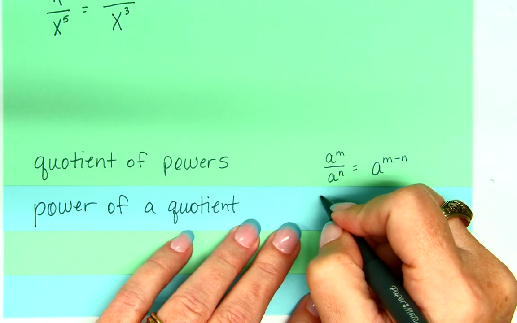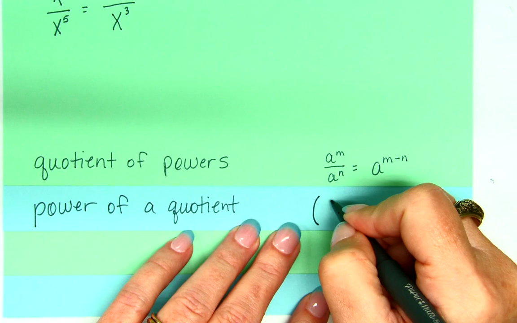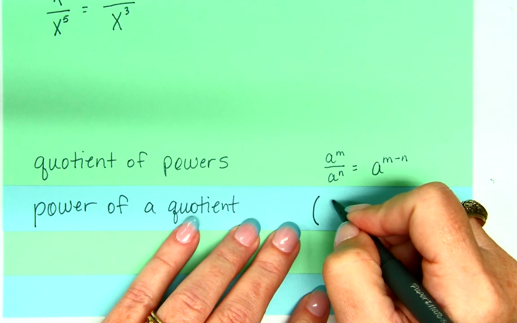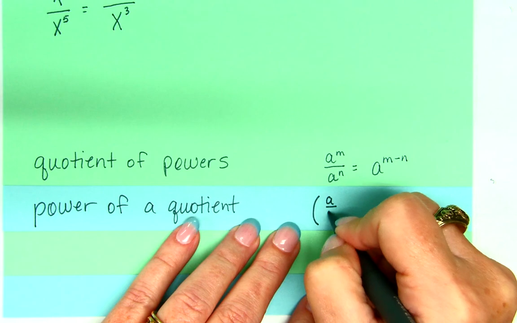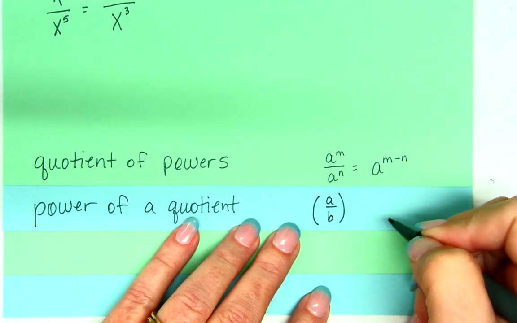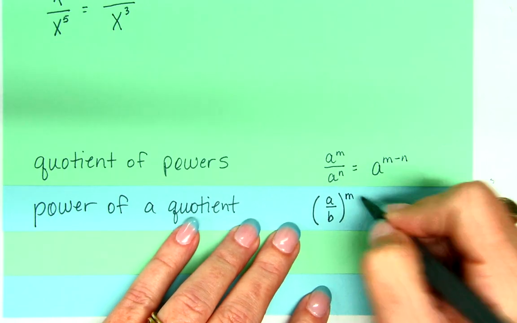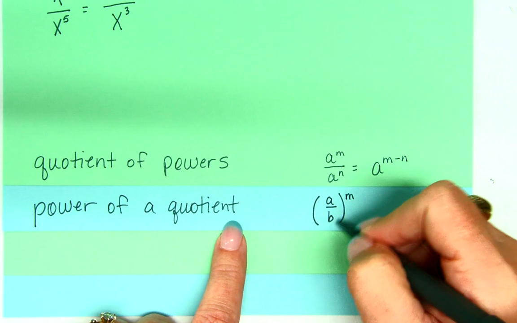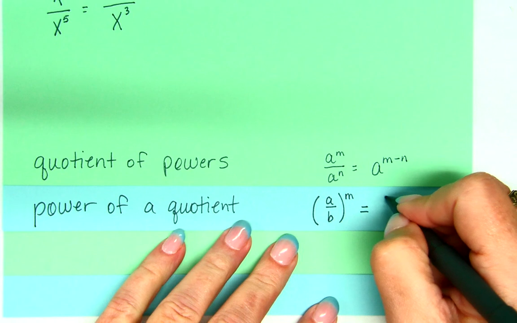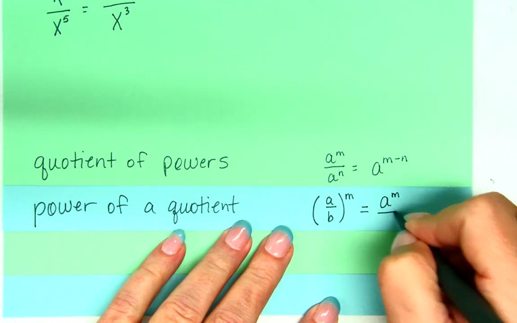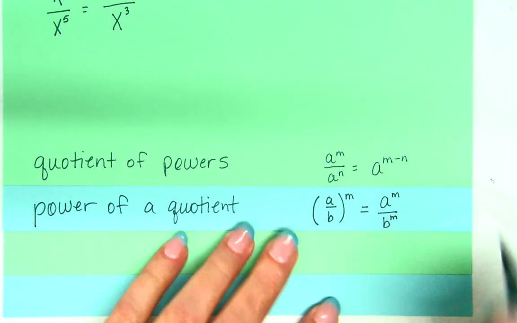What do you think? What's a quotient again? So a over b raised to a power, right? Power of a quotient. So what should happen here? Very good. A to the m power over b to the m power.